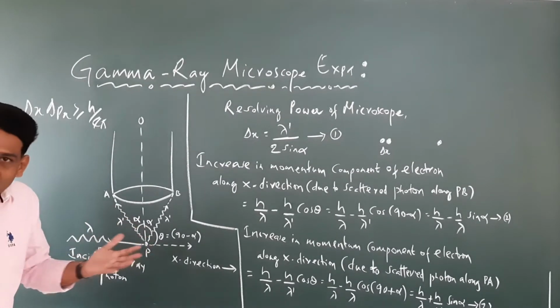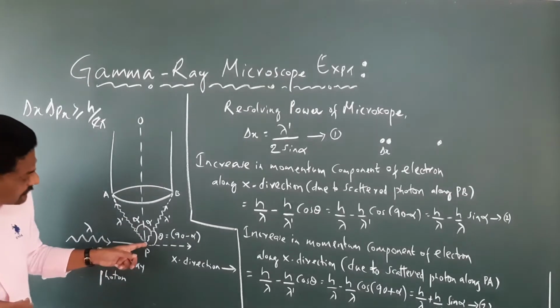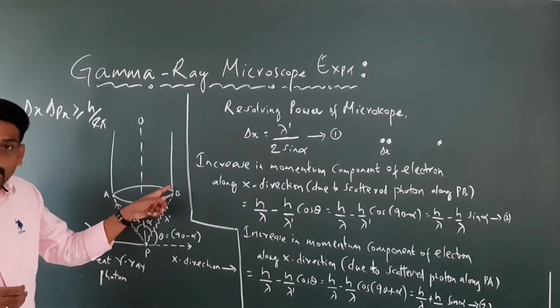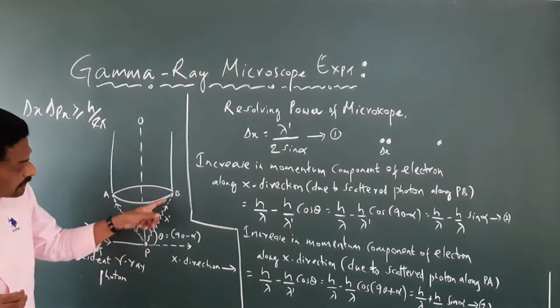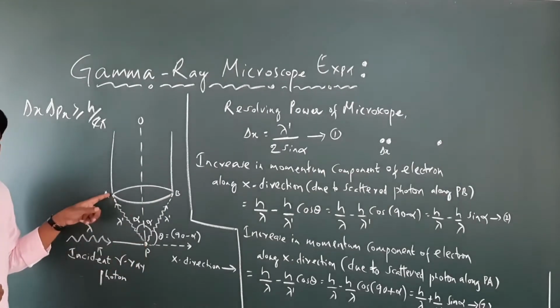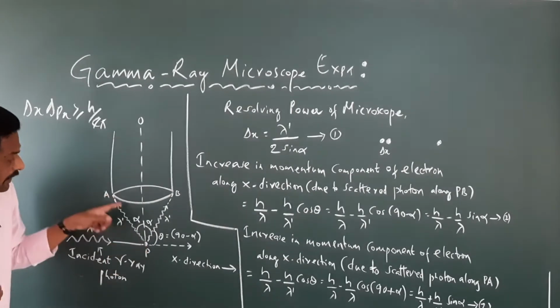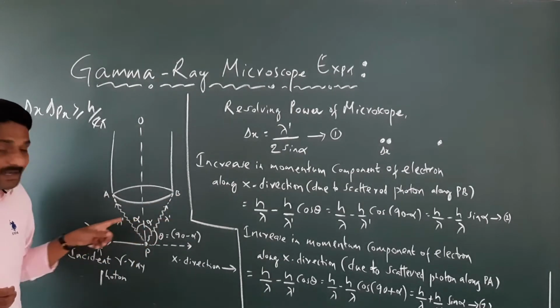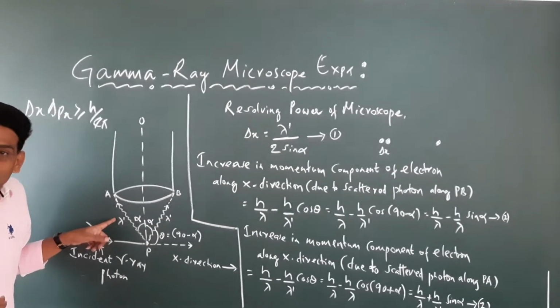There is going to be scattering of the incident photon. So this is one of the scattered photons, a scattered photon which is going to enter into the lens system. Similarly, another scattered photon which is going to enter into the lens system. What is the wavelength of this and this? This is known as lambda dash, the wavelength of the scattered photon.